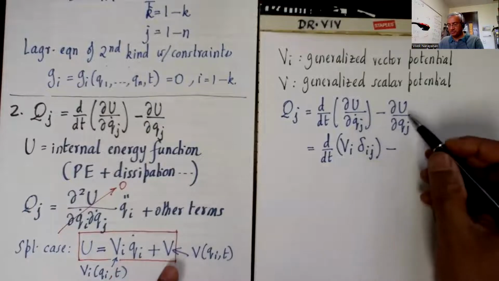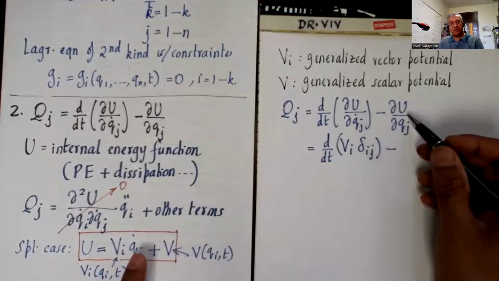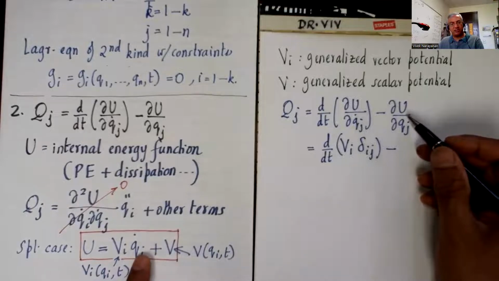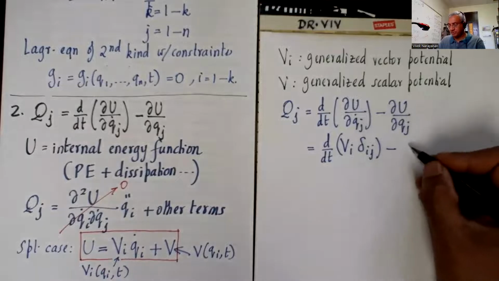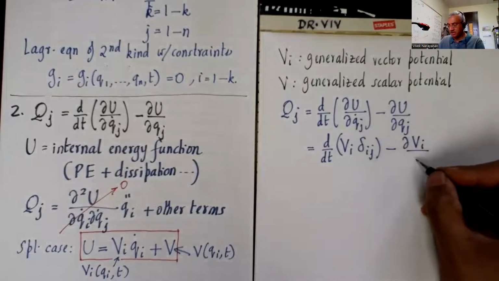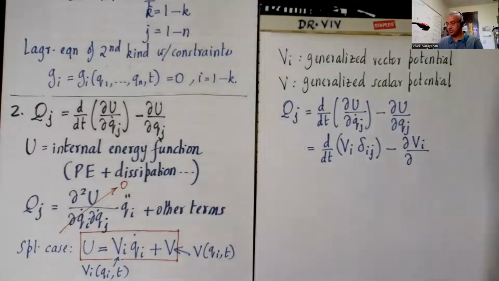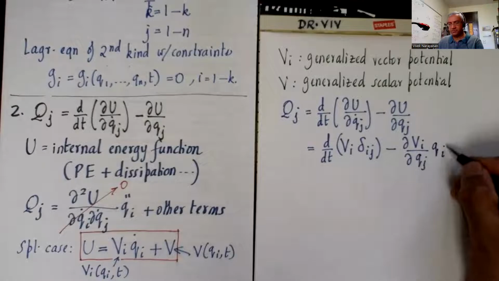And then when I substitute over here, Qi dot will be left unharmed, and this will only attack the Vi. So I get del Vi by del Qj, Qi dot.